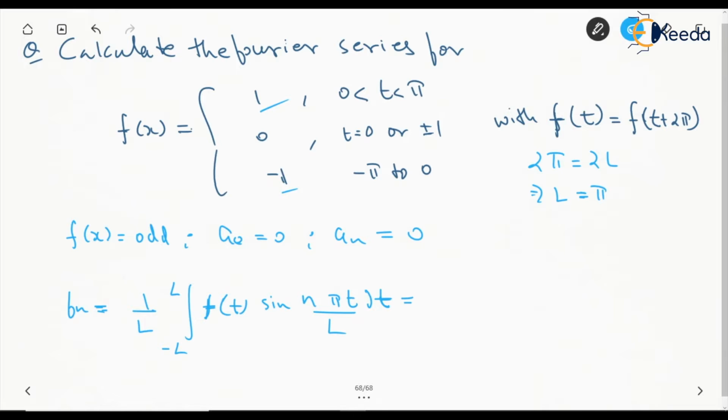So this will become 1 by pi integral from minus pi to pi f of t, and since pi and l are same, this will become sine of nt dt. Yes. Now that this function f of t is an odd function, odd into odd is making it even, right? Odd into odd is making it even.